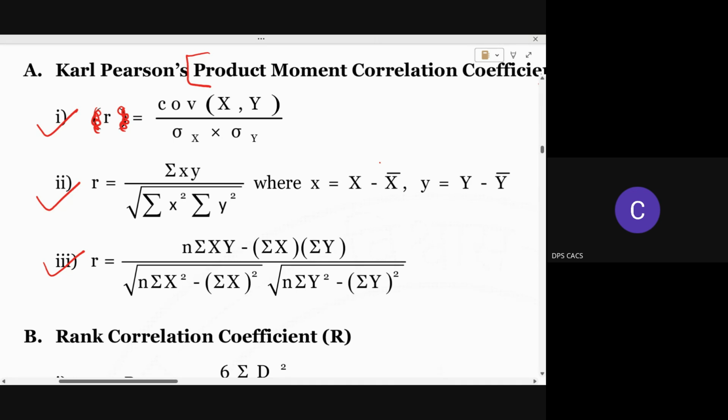How many people have learned this already? Still learning? What is so much in it? So many X's are there.